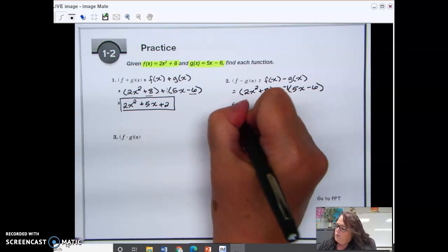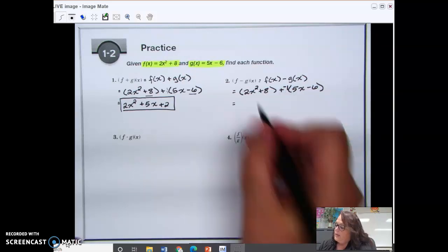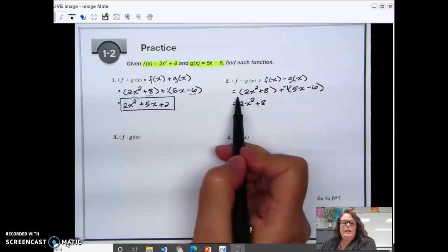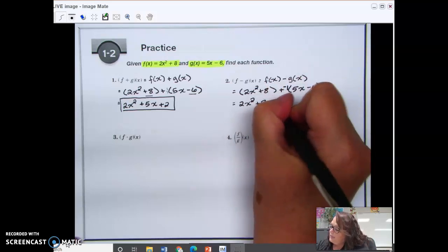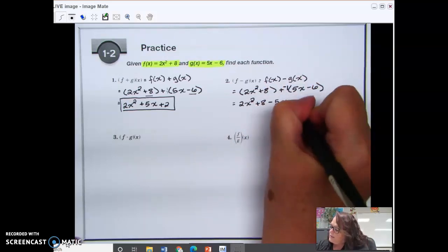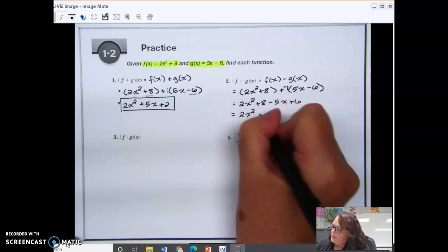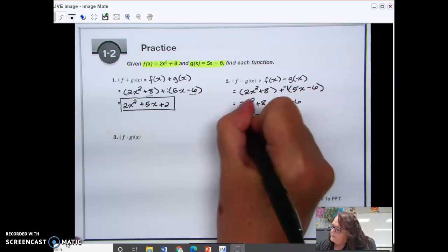So before I can combine my like terms, I have to distribute that negative 1. So I have 2x squared plus 8. Since that only had a positive 1 in front, we're good. Then distributing the negative 1, I get a negative 5x and I get a positive 6. Cleaning that up, I get 2x squared, negative 5x, and plus 14.